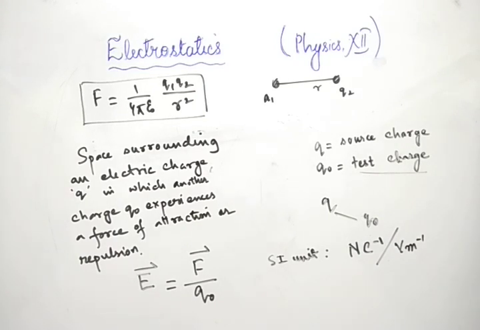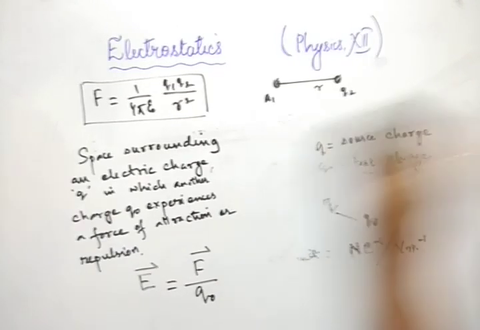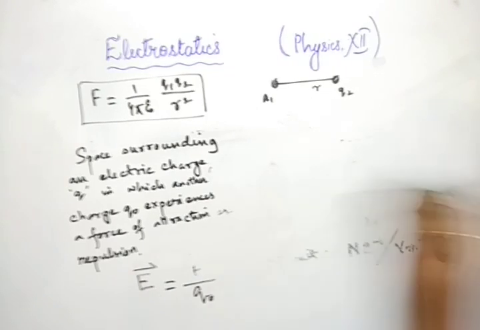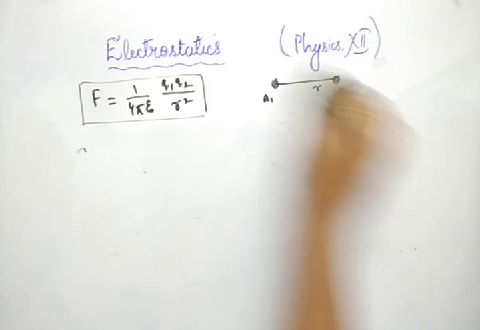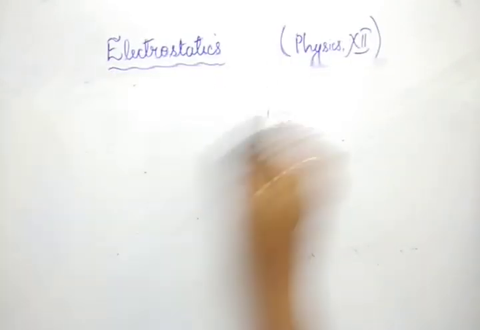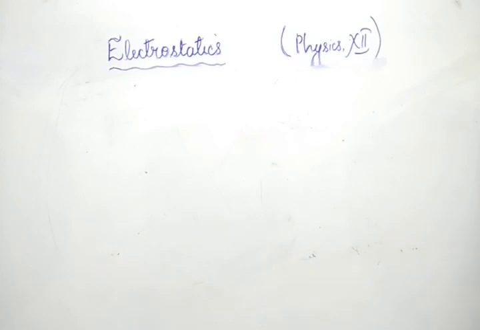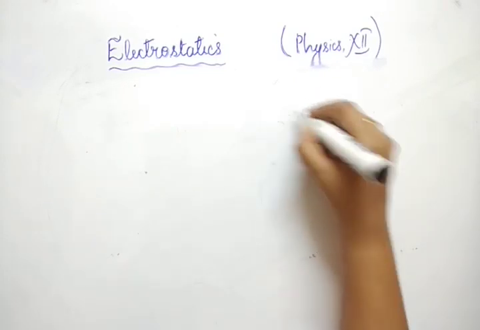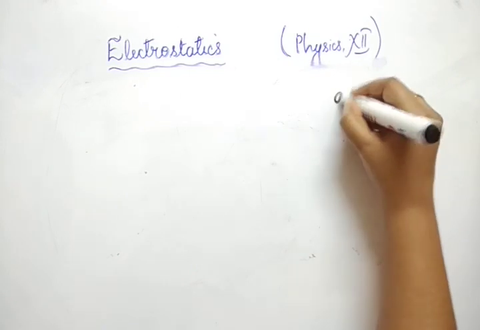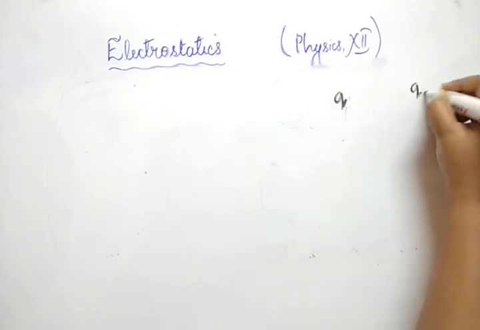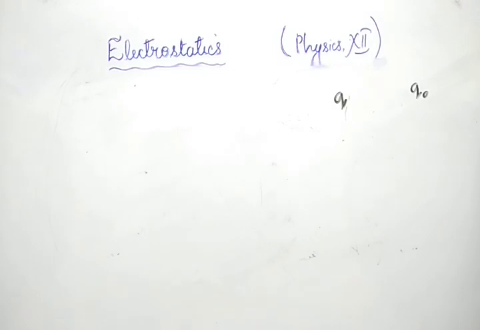Now let us see how electric field is created due to a point charge. So let us consider a charge. Let us draw a charge Q and bring a source charge Q naught near it.